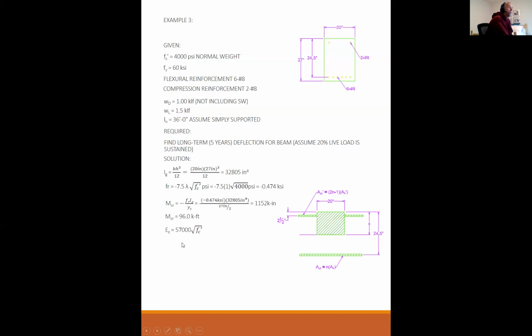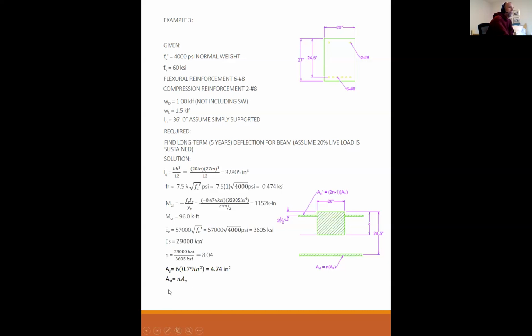E, modulus of elasticity, 57,000 root 4,000 is 3605 KSI. Steel is always 29,000. Modular ratio is 29,000 over 3605, 8.04. Area of steel, 6 times 0.79 from your text, 4.74 inches squared.